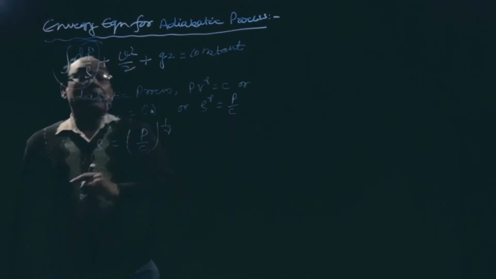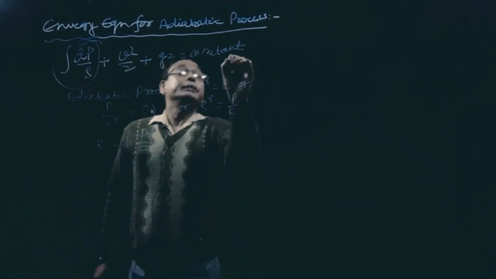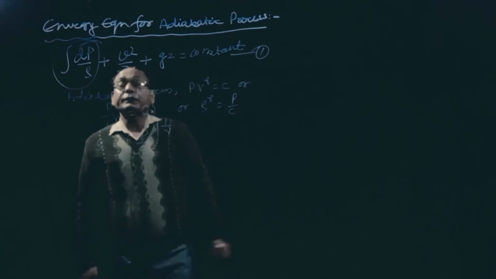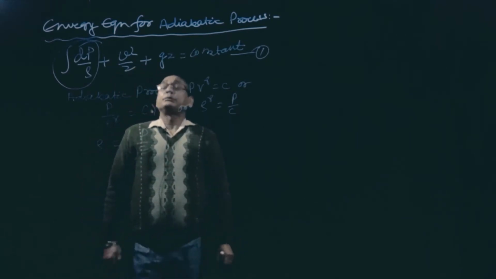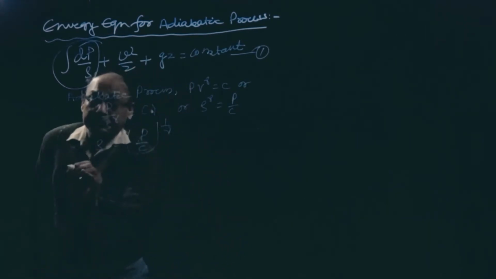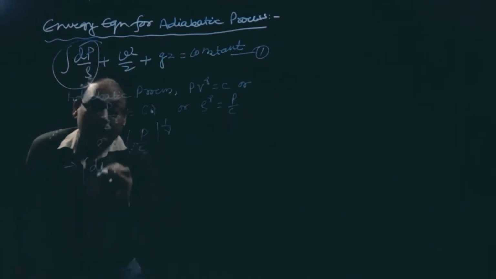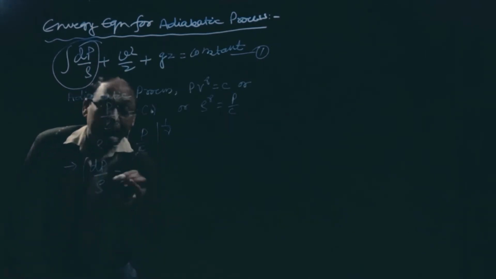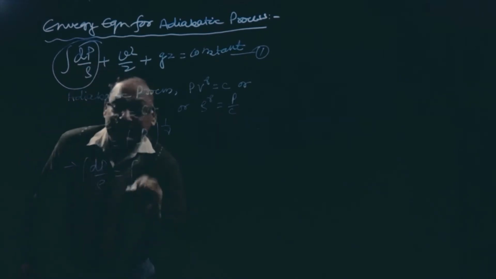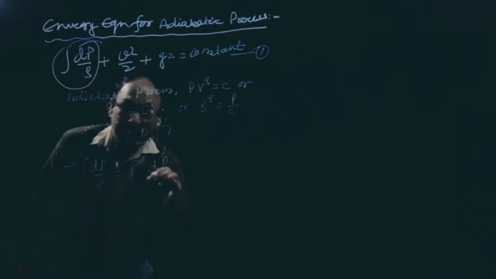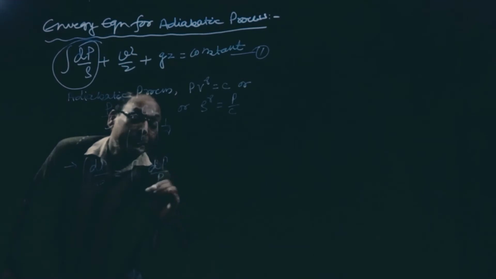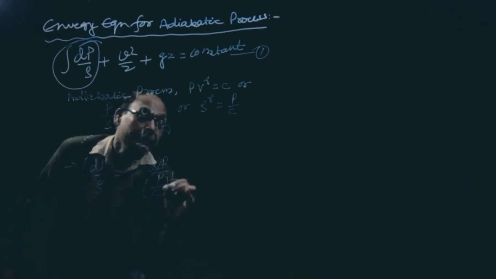Now what we have to do in this Euler equation is substitute the value of rho, then integrate. So let us substitute the value in the Euler equation. dP by rho is nothing but dP over P by C to the power 1 by gamma.